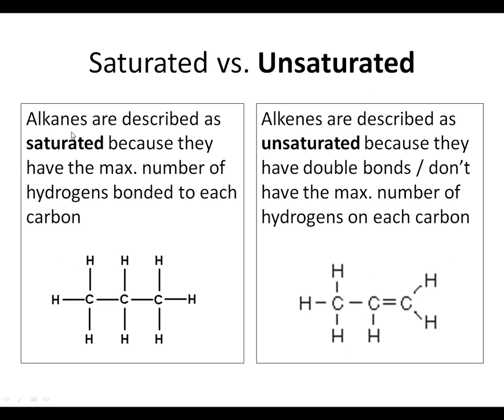Alkanes, which we looked at previously, are often referred to as saturated because they have the maximum number of hydrogens that can be bonded. Carbon has 4 valence electrons. It likes to form 4 bonds. So that's the maximum number of hydrogens that can be in that molecule. Alkenes are unsaturated because they have double bonds, so they don't have that maximum number of hydrogens.